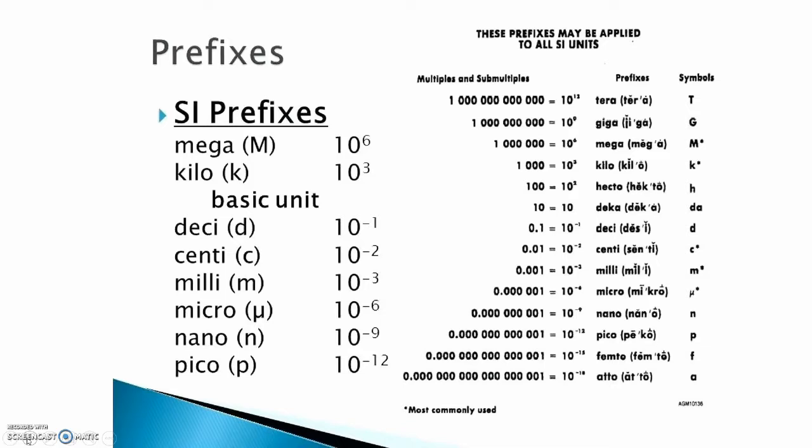One more thing you need to think about before you start doing the calculations, which I'll talk about in a minute, and that's what are called SI prefixes. Now you've come across these before. If we talk about things being measured in meters, you will know that there are 1,000 millimeters in a meter. Equally, there are 1,000 meters in a kilometer.